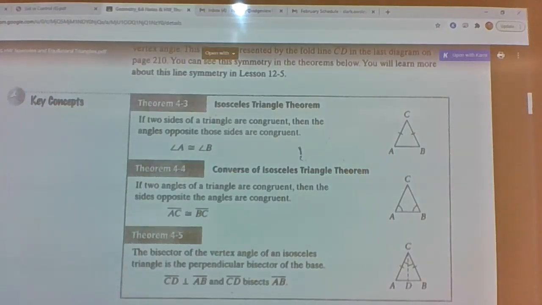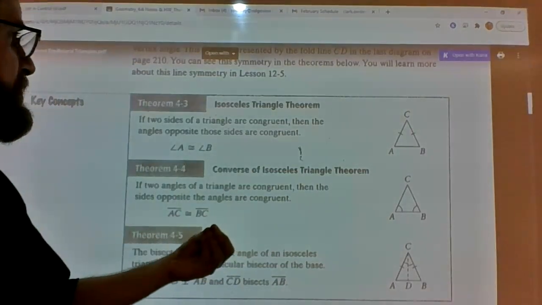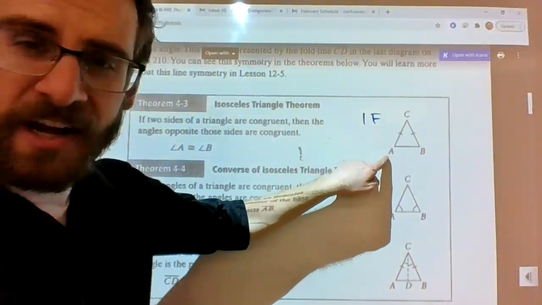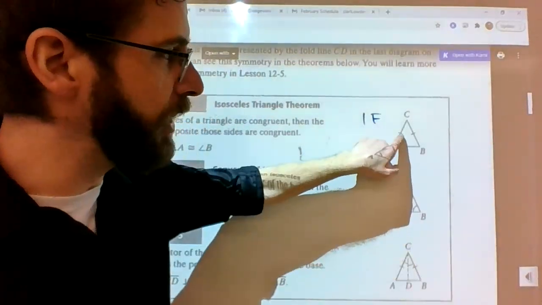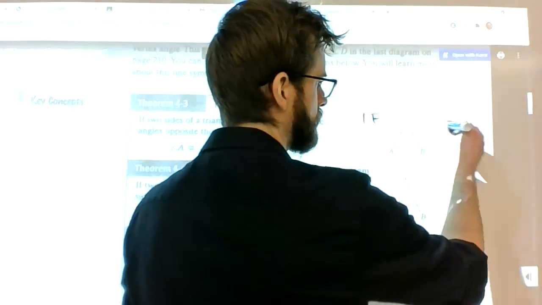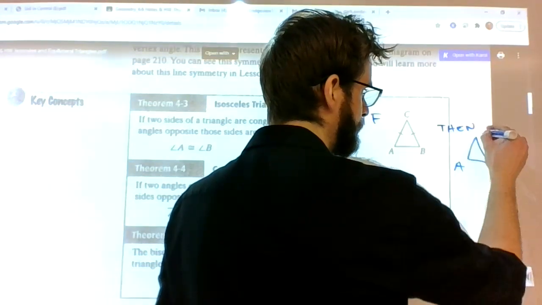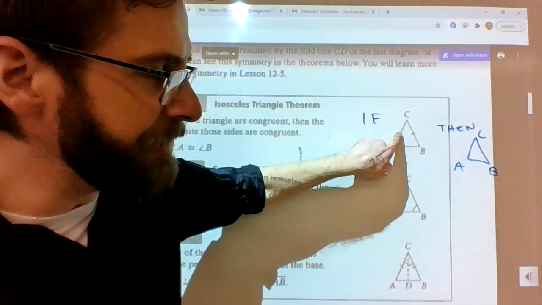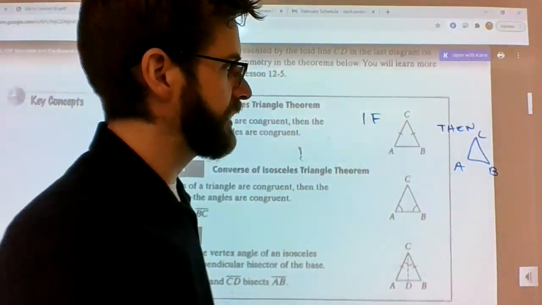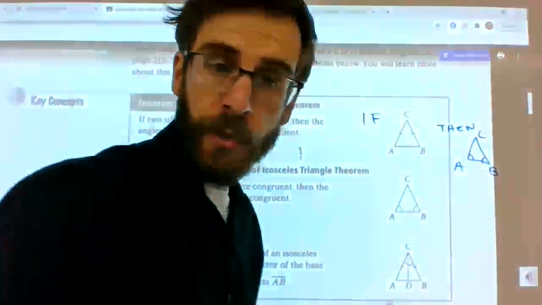So we've got a few theorems here that don't really need to be fleshed out too much. They're pretty much just saying, if you've got an isosceles triangle, by definition one in which two of the sides are congruent, that means the angles that live across from those congruent sides, so angle B and angle A, are also congruent.